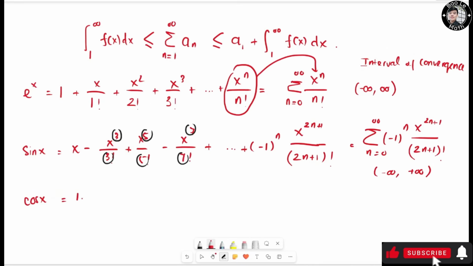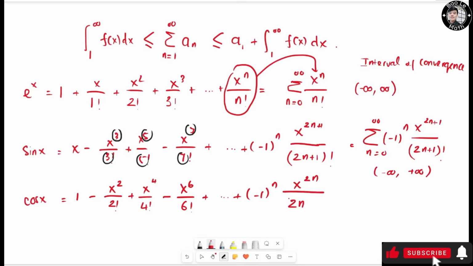Cosine s equals 1 minus s squared over 2 factorial plus s to the 4th over 4 factorial minus s to the 6th over 6 factorial plus etc. plus negative 1 raised to the n times s raised to the 2n over 2n factorial plus etc. It's actually the sum of negative 1 raised to the n, s raised to the 2n over 2n factorial when n goes from 0 to infinity.